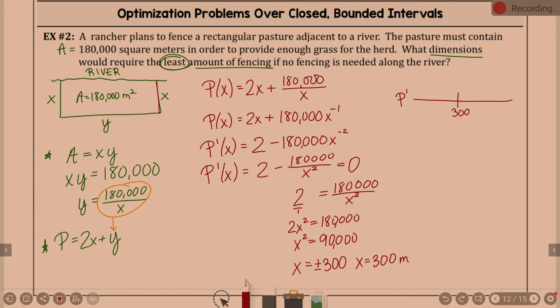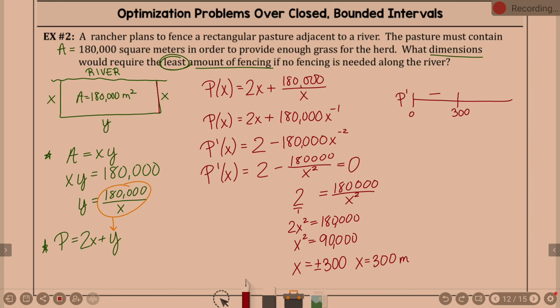Now, on something like this, should you ever plug in a negative number? No. Just something smaller than 300. If I plug in something smaller than 300, this is where I would grab the calculator. I'm pretty sure it works out to be negative here, right? Officially, 0 would be that endpoint.